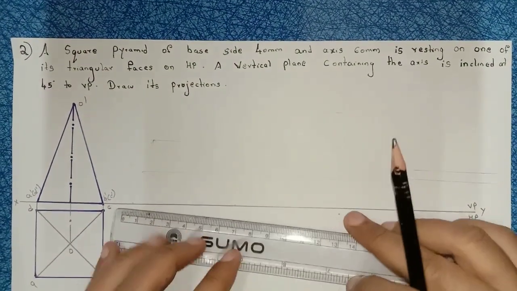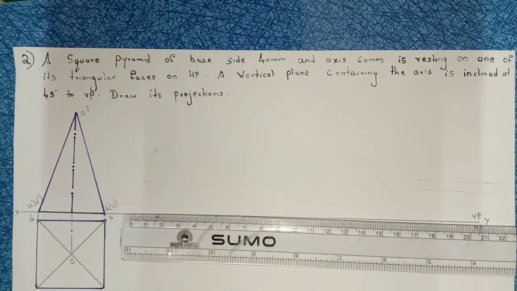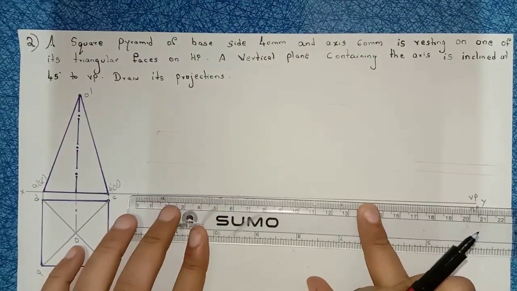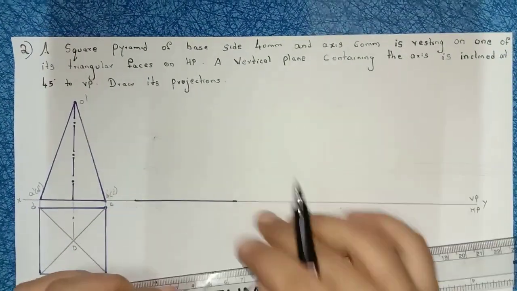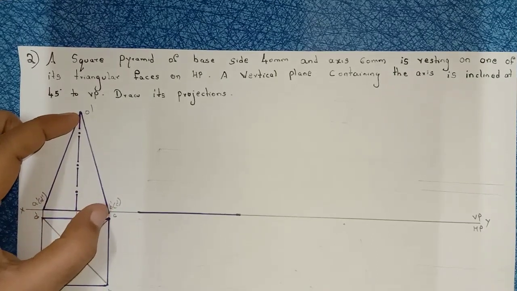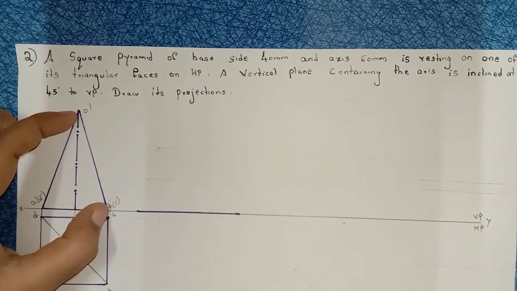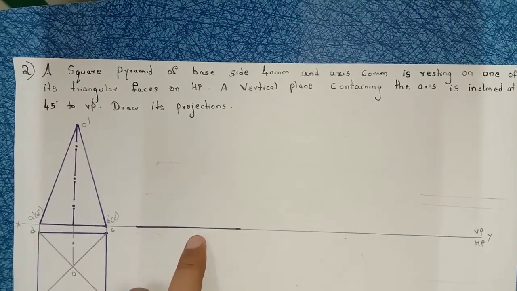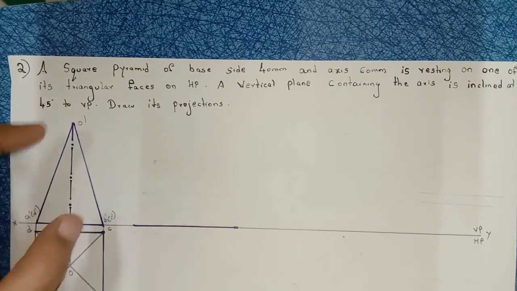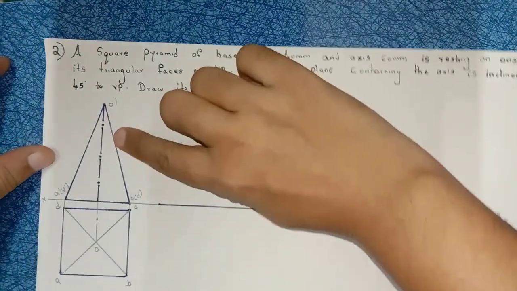I am drawing the same length here. I measured this O dash to B dash, same length and drawing here because the triangular face is on HP. So on HP means lying on the reference line. I am taking this distance and I am drawing here. So this distance is completed.